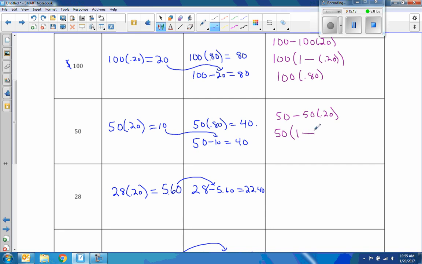Bring down the minus sign. 50 divided by 50 is 1 times 0.20. But we aren't necessarily concerned with that 1 there, because anything times 1 is itself. So that's why we don't show that 1 there. We would just simply write 50 times 1 minus 0.20.